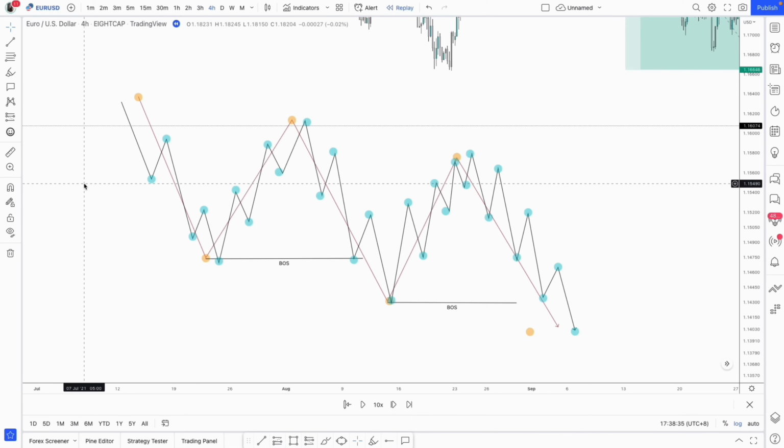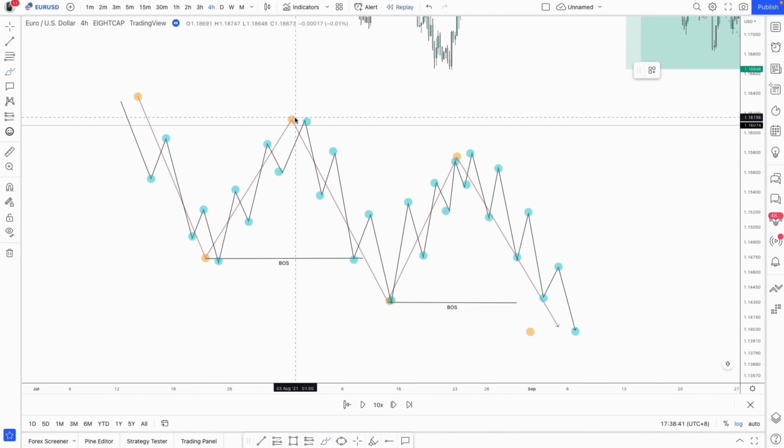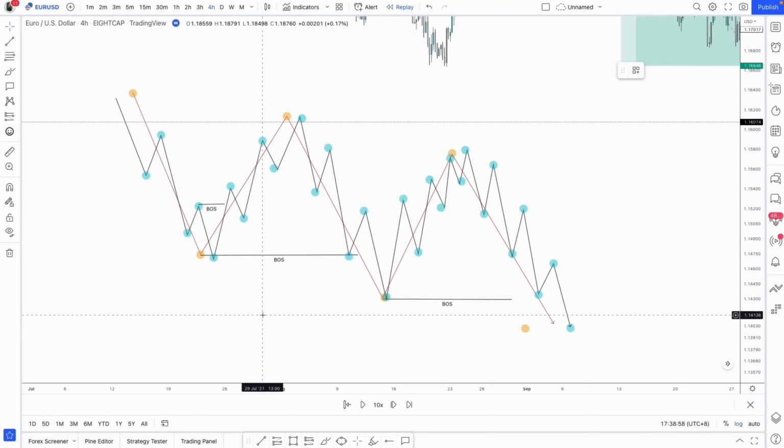How is that possible? Well, from an order flow perspective, the internal structure is going to shift, and that is what is called a pullback confirmation. When price is trending downwards, as you can see here, and then shifts and has a break of structure up, but the order flow is still bearish, we know that the order flow is pulling back.